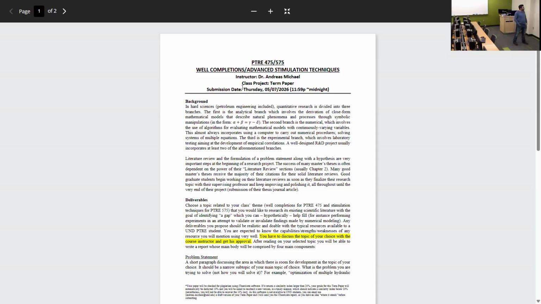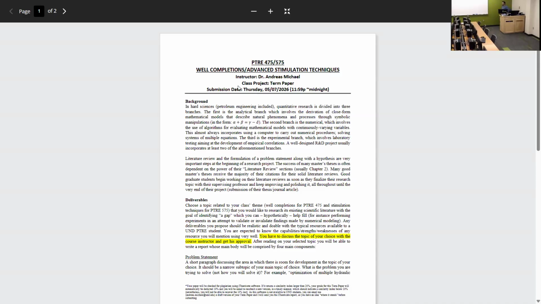They can solve a lot of equations at the same time. And you cannot do it by hand. You are going to use a computer for that. You are going to write a code. This almost always incorporates using a computer to carry out numerical procedures, solving systems of multiple equations.